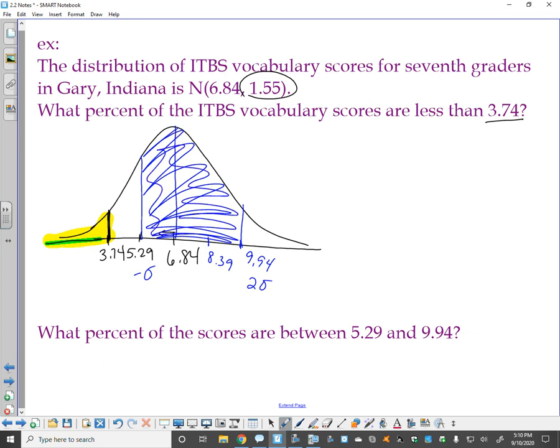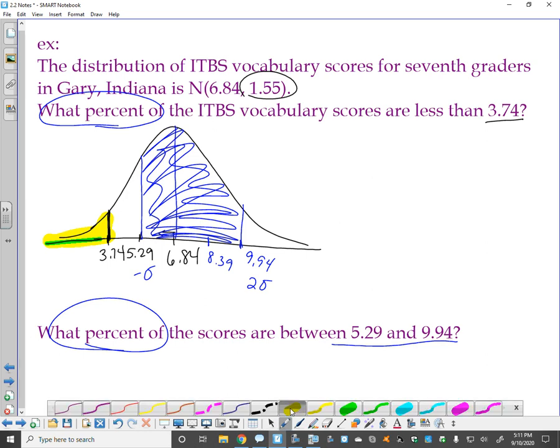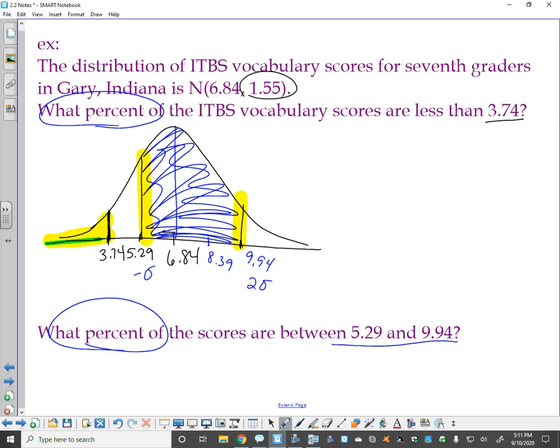So I want to know what percent. So I want the area under the curve that's between a 5.29 and a 9.94. So from here to here, I want all of this. Okay, well, I know one standard deviation out is 68%.